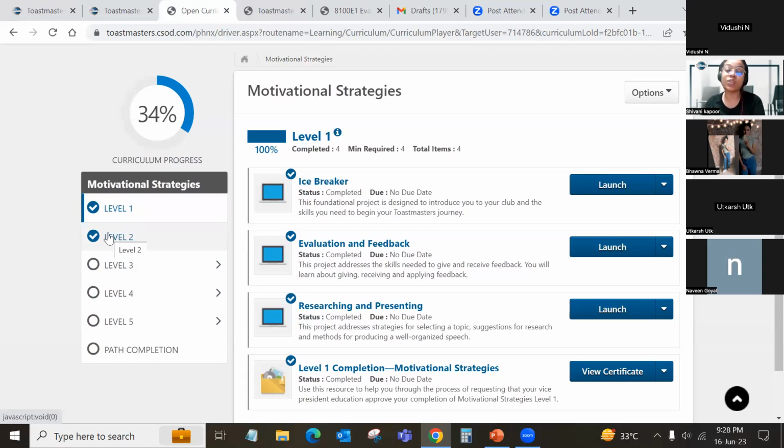Second thing is, once you are a Toastmaster, it's not just that you are an Eloquent Toastmaster. You can just attend the meetings in Eloquent, you can attend meetings all across the world. You are a Toastmaster, your fees is paid. You can attend any and every meeting of Toastmasters anywhere across the world, be it physically or virtually. You can take up roles in their meetings, give speeches in other clubs as well.